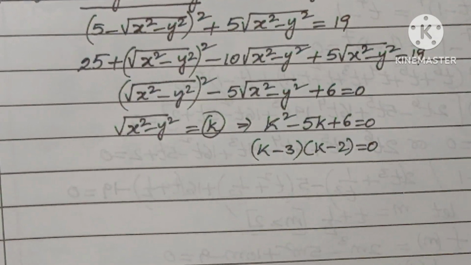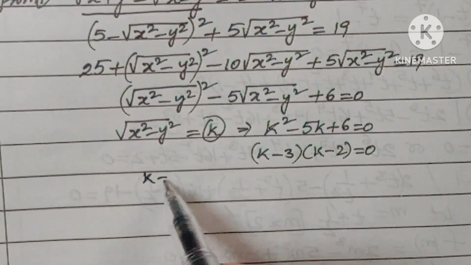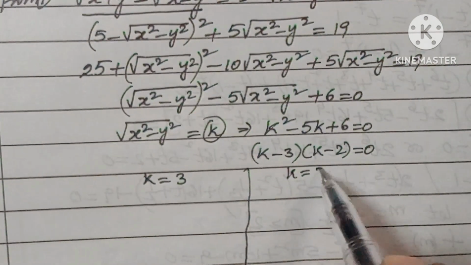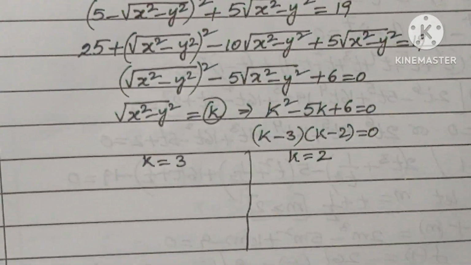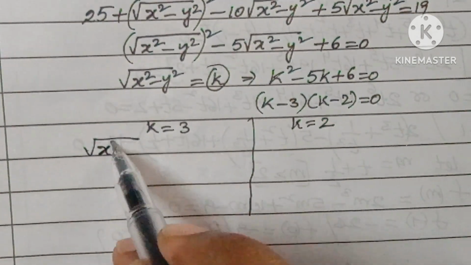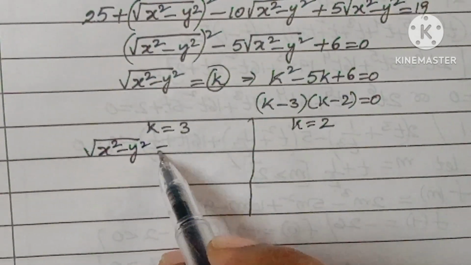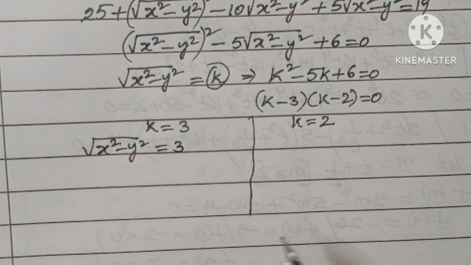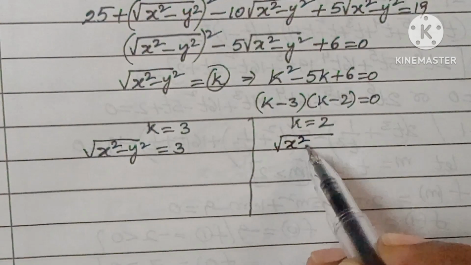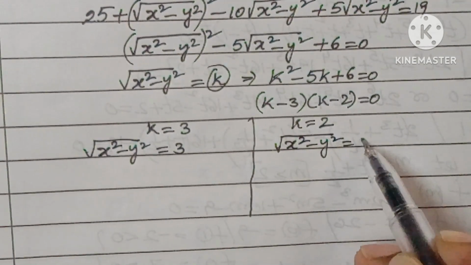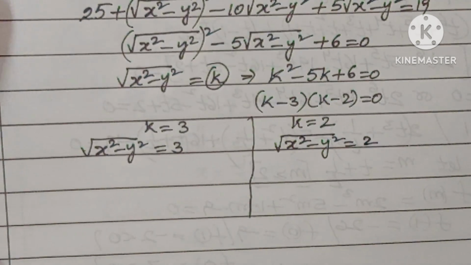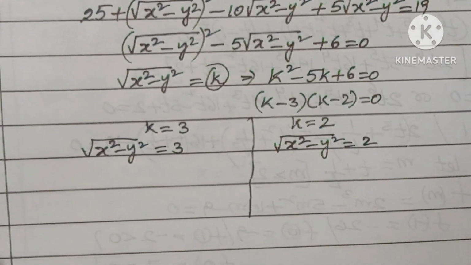Now you'll get two cases: k is equal to 3, and the second case k is equal to 2. So in the first case √(x²−y²) equal to 3, and in the second case √(x²−y²) is equal to 2.